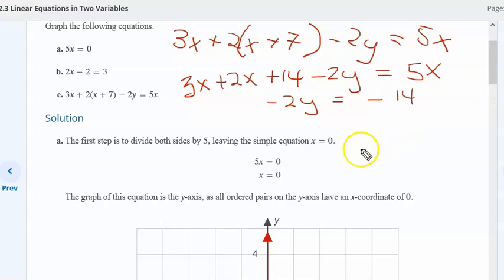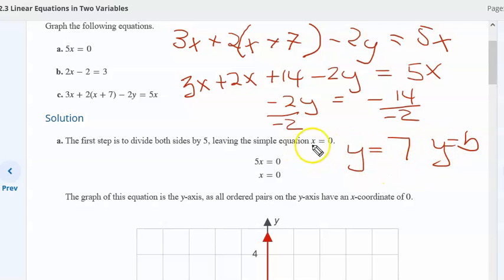I'm going to divide both sides by a -2 now. Careful of the signs. I get y equals 7. Well, this is in the form of y equals b. And to sketch it, it would be a horizontal line here. If I can do that, I'm rushing here a little bit.